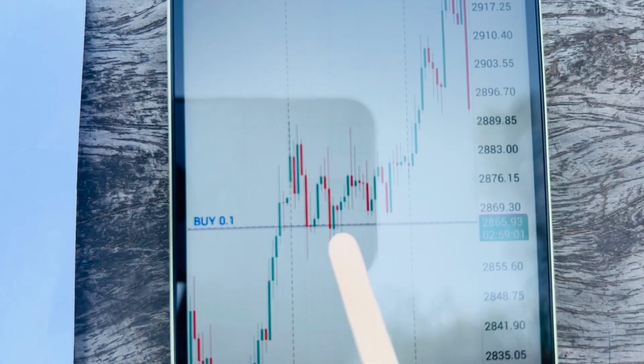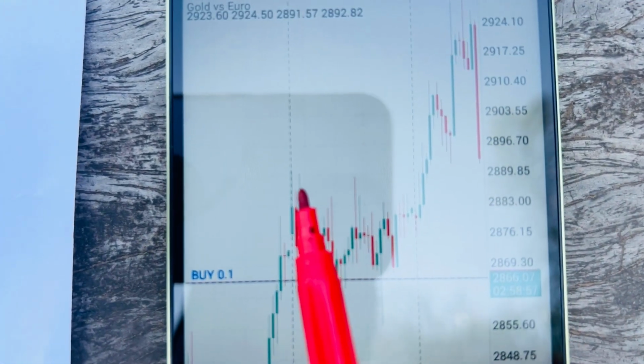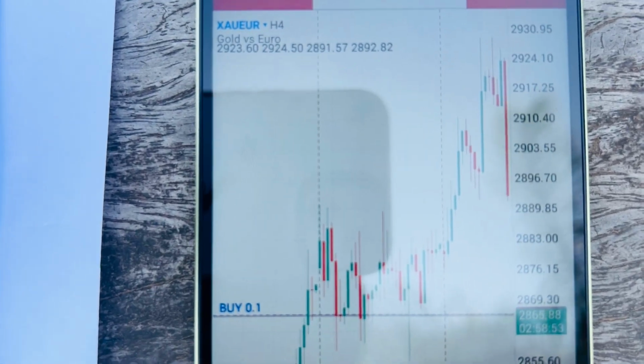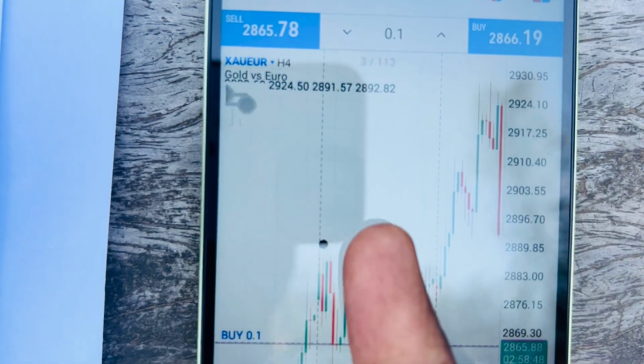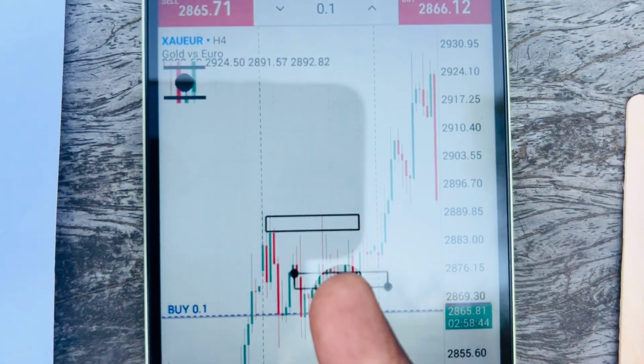So if right now we look at this one, we can do it together. We've marked the higher price there, and the higher price there. We can do it like this, or add the lines just like this. Add a rectangle box. I like to add the rectangle box, duplicate it, and place it below here.